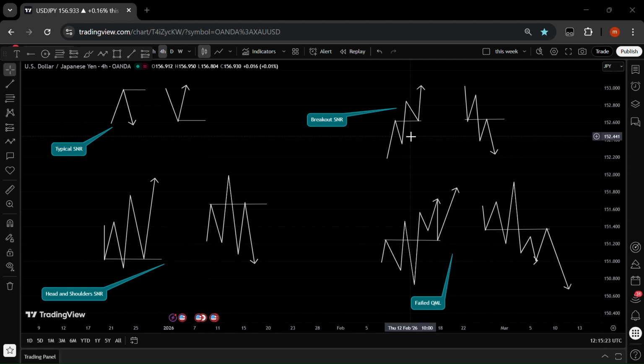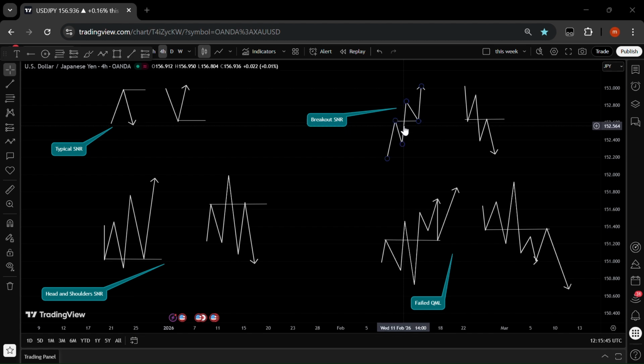Then we also have the breakout support and resistance. This is where it gets tricky. In this place here, this A shape that we all know is supposed to be for sells gets broken, and then we saw price react from it. Now this zone being broken becomes disrespected.